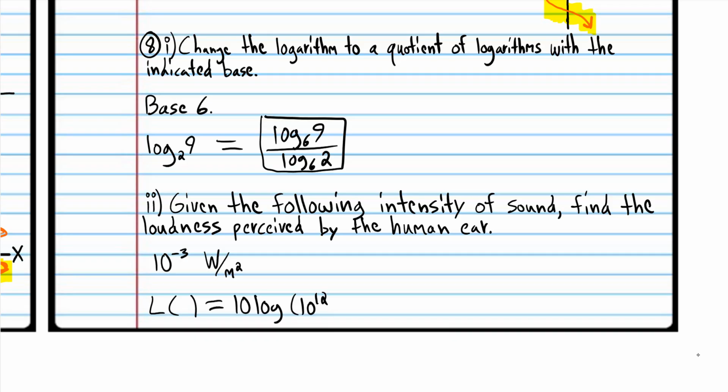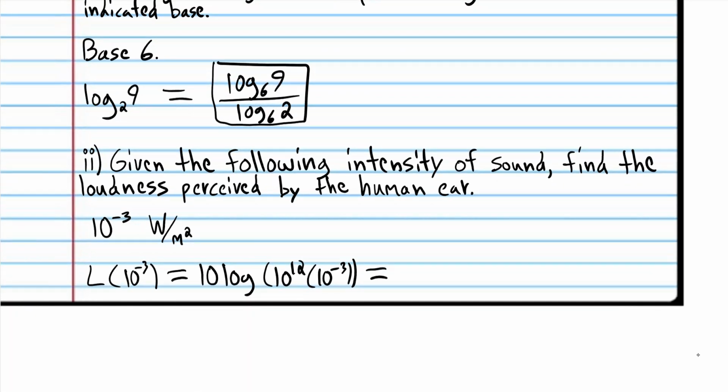Our x value is 10 to the negative third power. So we have 10 times, now notice that there's nothing written here. What is the base? Well, it's not written, but it's assumed that that base is 10. If you don't see a base, it's assumed to be 10.